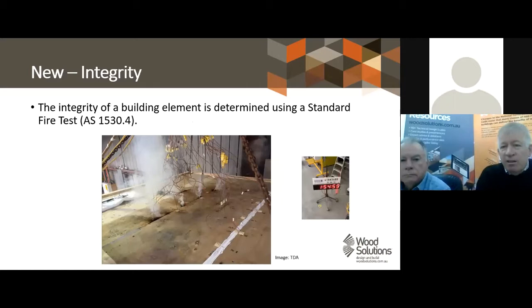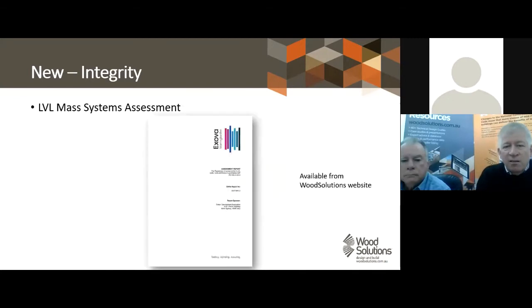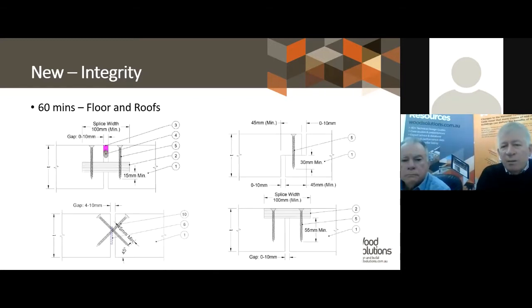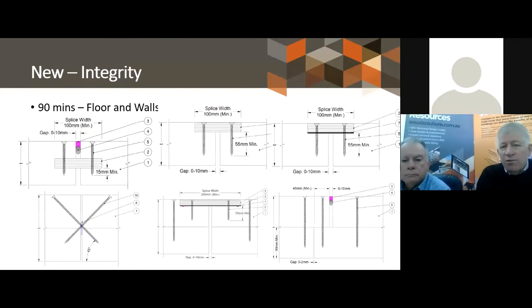Integrity is included, but in the integrity section, it only says that it can be determined by a standard fire test. In this case, here is a picture of an integrity test of an LVL floor system, which has joints in it, and this is at 2 hours. The assessment for this is available from the WoodSolutions website, and it includes a number of methods of joining elements together, which I'll flick through.